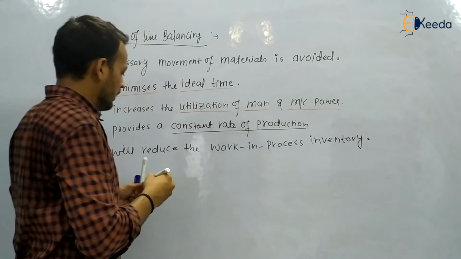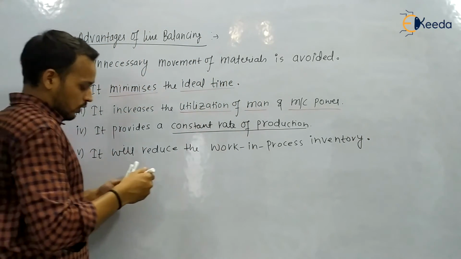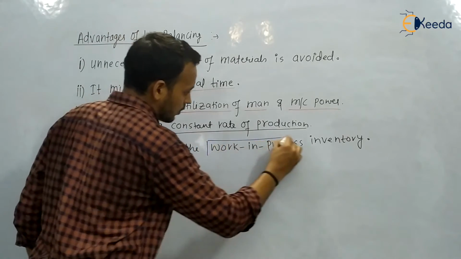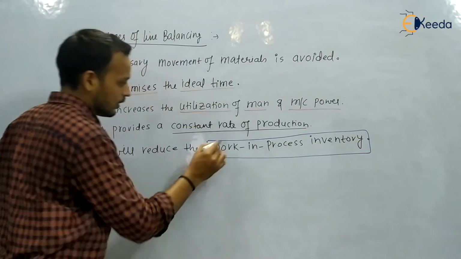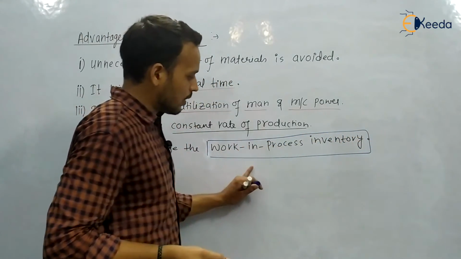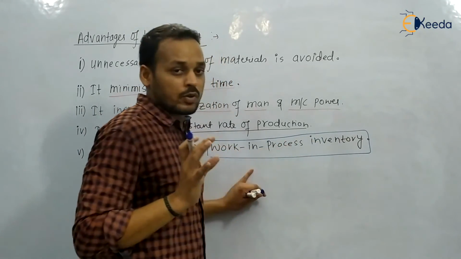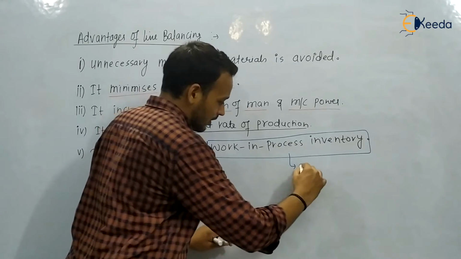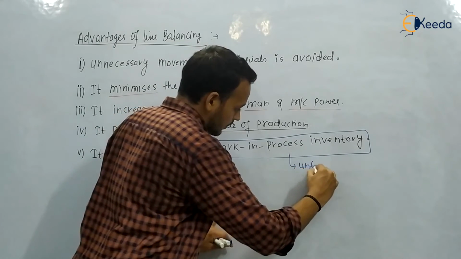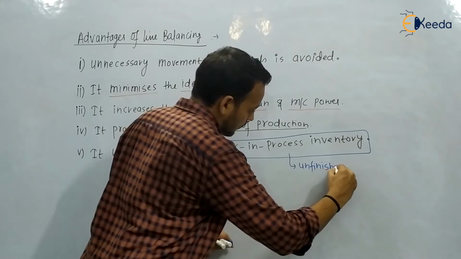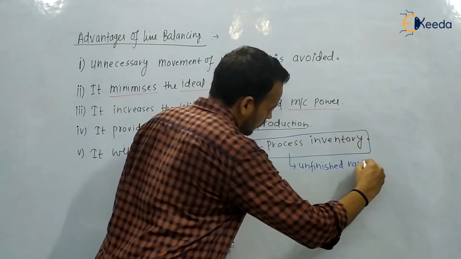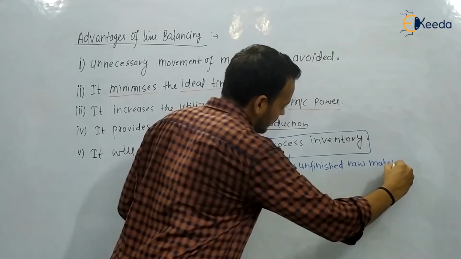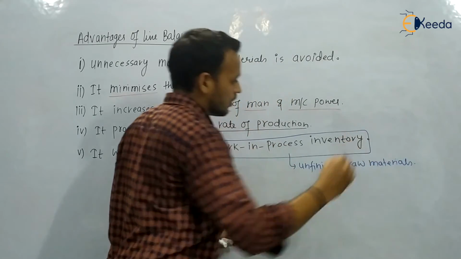Most important point, it will reduce the work in process inventory. What is work in process inventory? You must have studied this type of inventory in your inventory chapter. So basically these are unfinished raw materials.